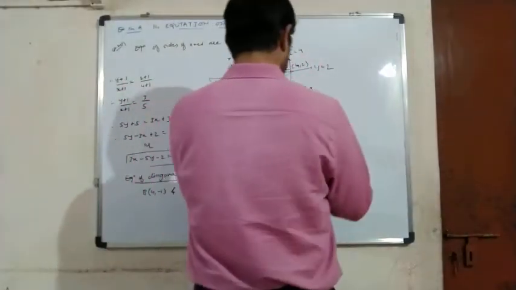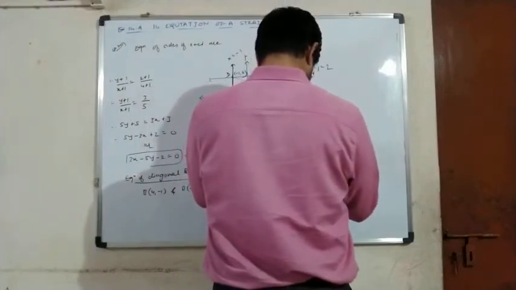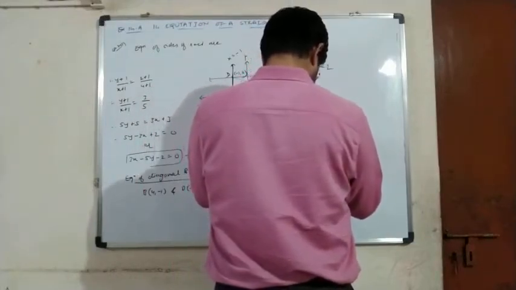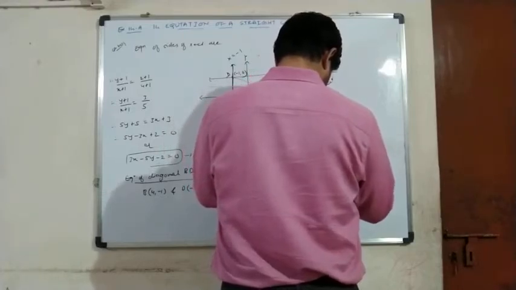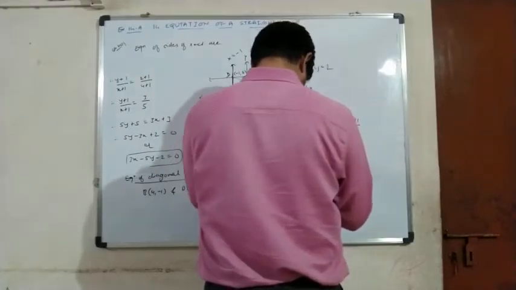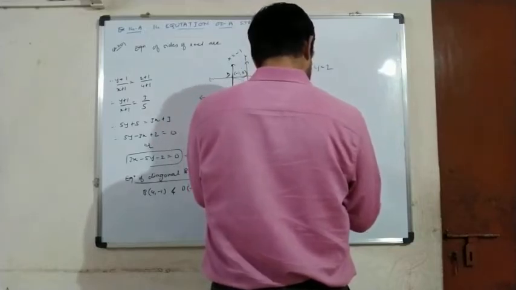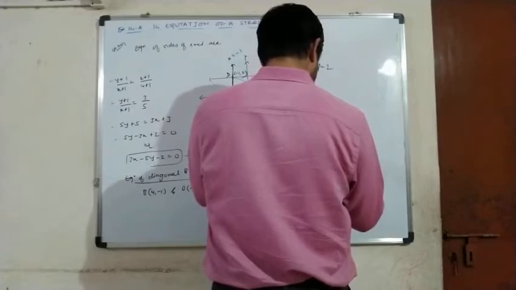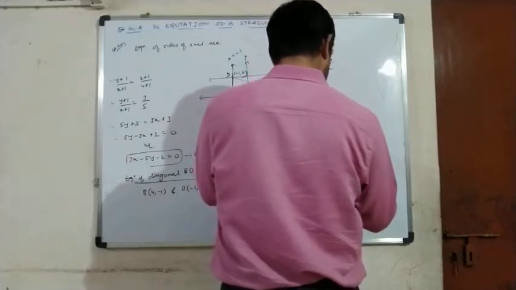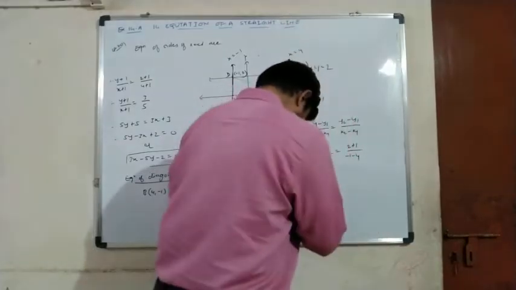Okay, let us put the 2-point formula. Therefore we have (y minus y1) upon (x minus x1) is equal to (y2 minus y1) upon (x2 minus x1). Therefore (y minus (minus 1)), that is (y plus 1), upon (x minus 4) is equal to (2 plus 1) upon (minus 1 minus 4).